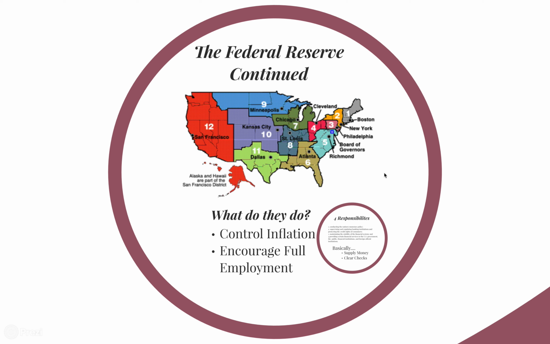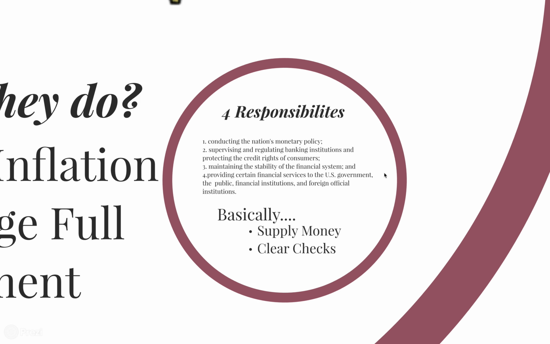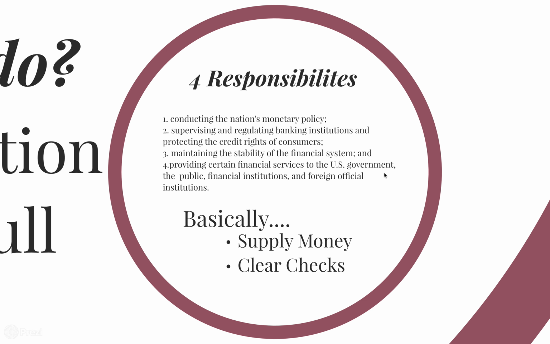For example, if there's too much money in the system, they will stop giving out so much money to banks for loans and all that jazz, and they encourage full employment. So again, the Federal Reserve is not a part of the government; it is strictly monetary policy. They are in charge of supplying money and clearing checks, making sure that your money is backed by your bank.